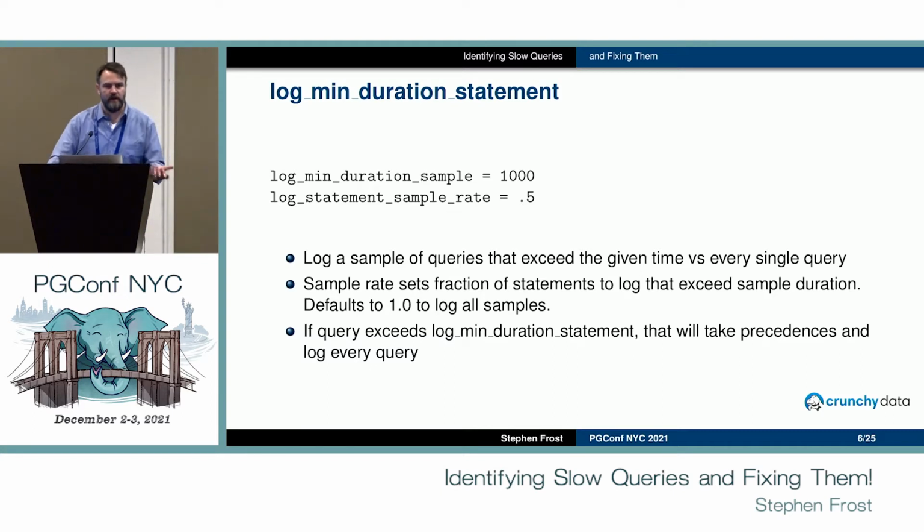So on a really, really high throughput system, you probably don't want to set log_min_duration_statement down at 0. You might set it to 100 milliseconds, maybe, or you might choose to make it something lower but then have a sample rate instead, and use log_min_duration_sample.